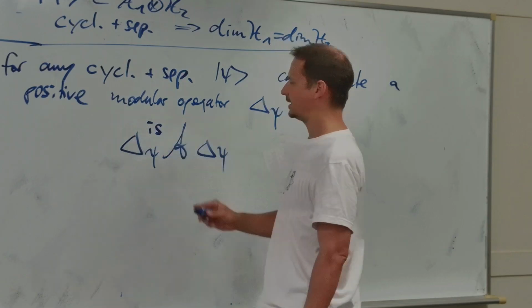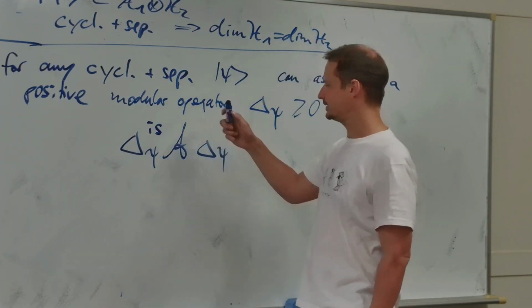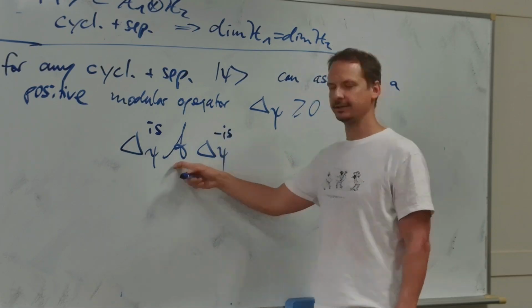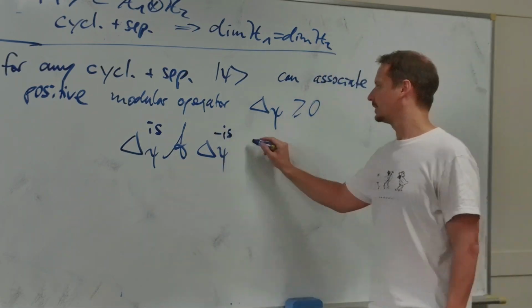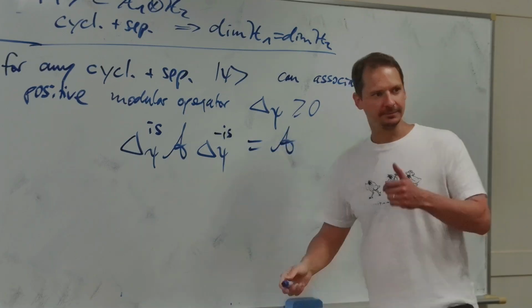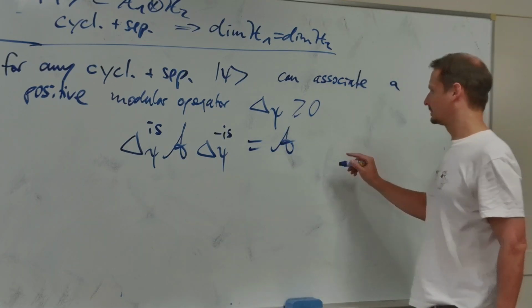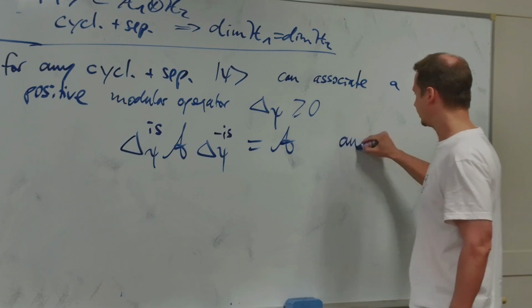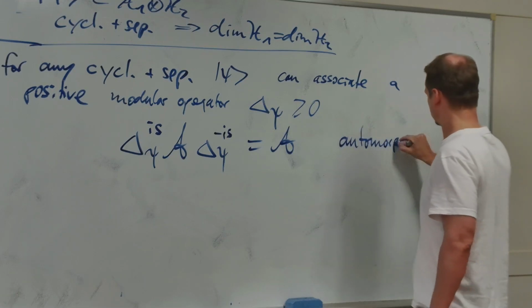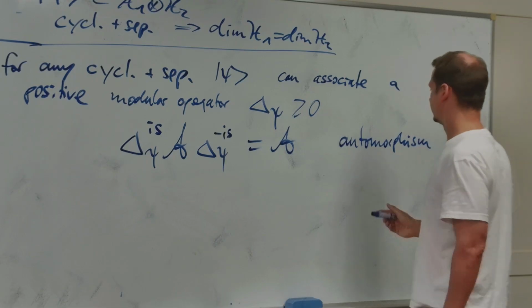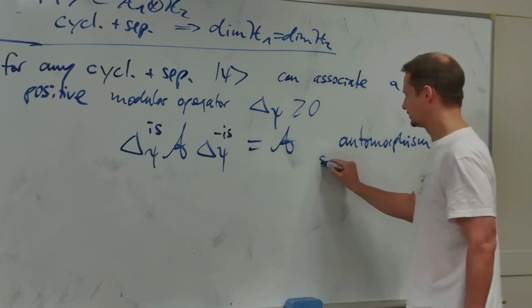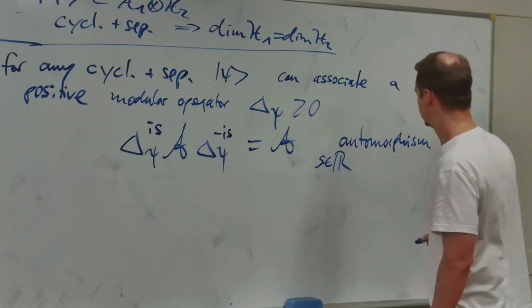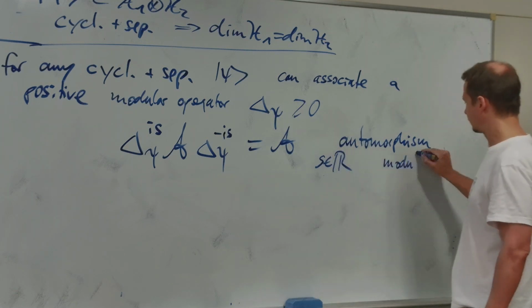So you exponentiate this to the power of IS, and here minus IS, so you conjugate the algebra, and then you get back the algebra. Okay? So it's an automorphism, and here it's really S in R. So this is the modular flow.